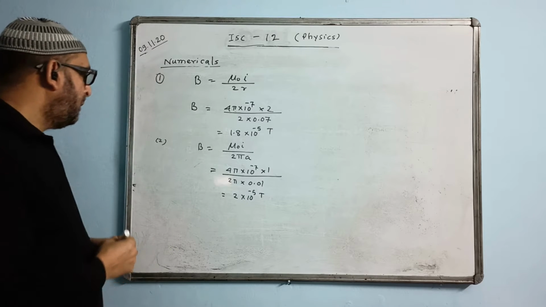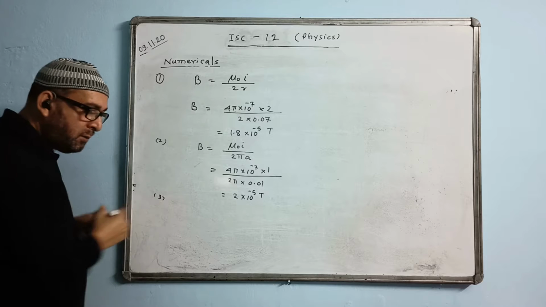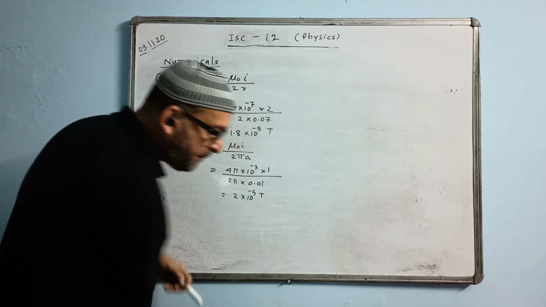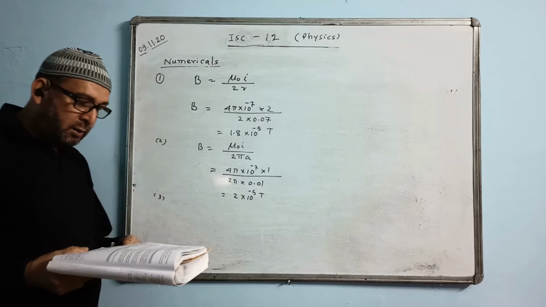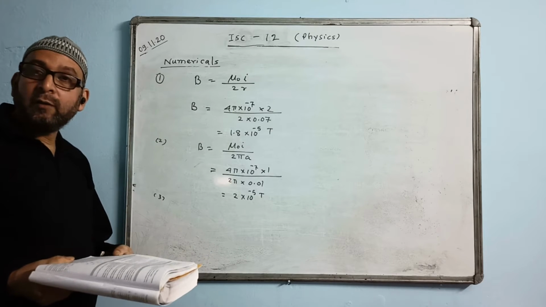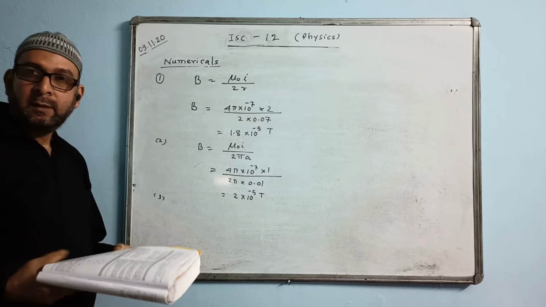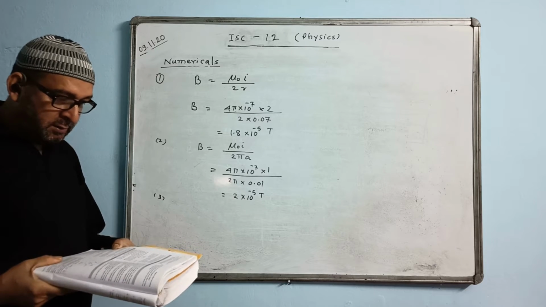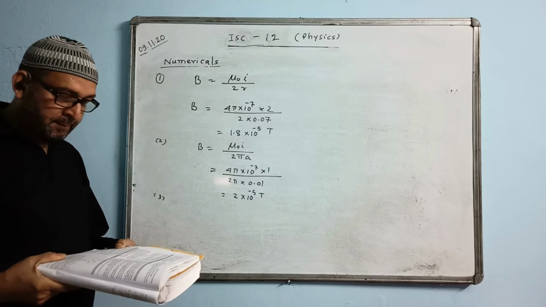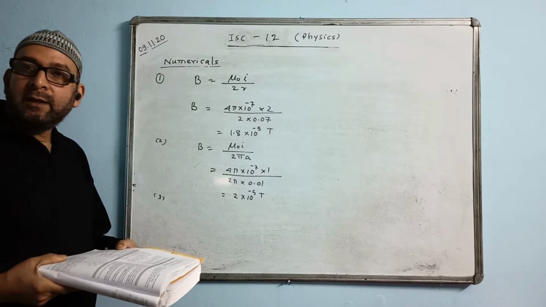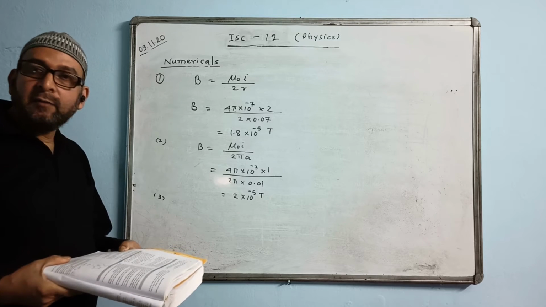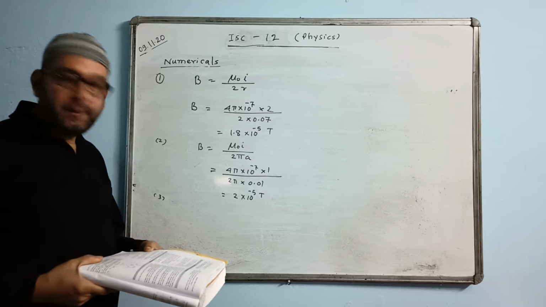That's it. Question number 3. These are simple ones. Question number 3 says, a circular coil of 20 turns and radius 10 centimeter carries the current of 1 ampere.